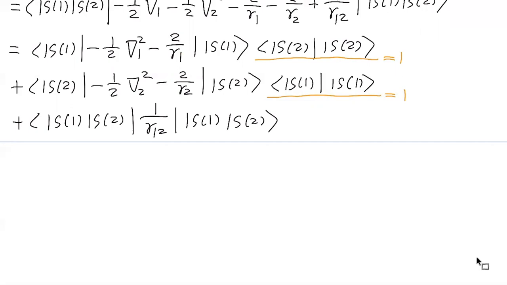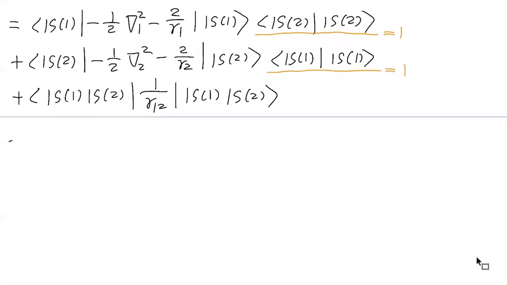This is not a separable term. You have to evaluate this 2 electron integral. And actually, in the previous lecture, we talked about how to evaluate this integral, right? You need to take advantage of the properties of the R12 function, right? You need to expand it using spherical harmonics. And then you need to do the calculation. You need to evaluate the integral in the spherical coordinate. Okay.